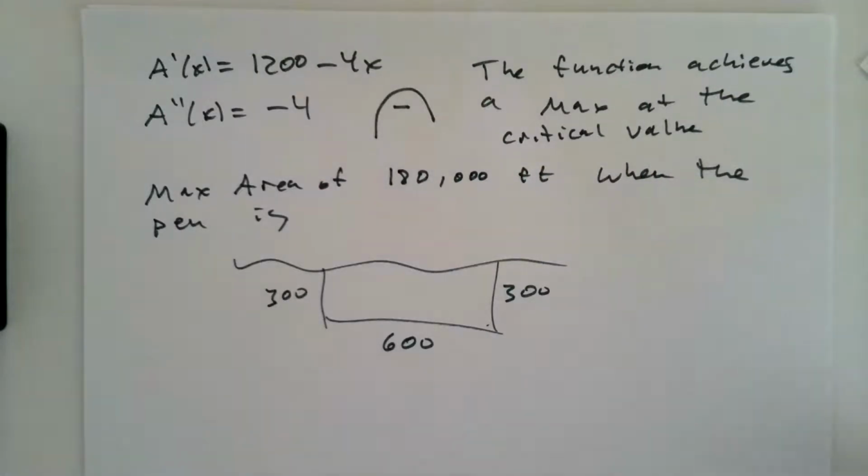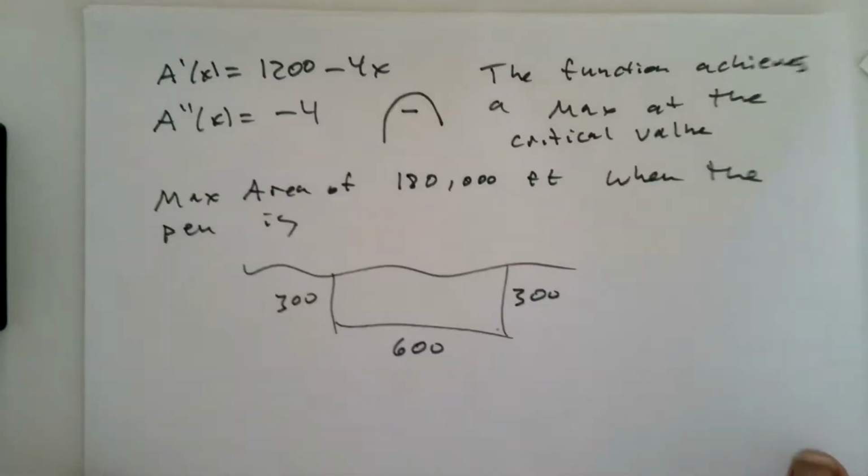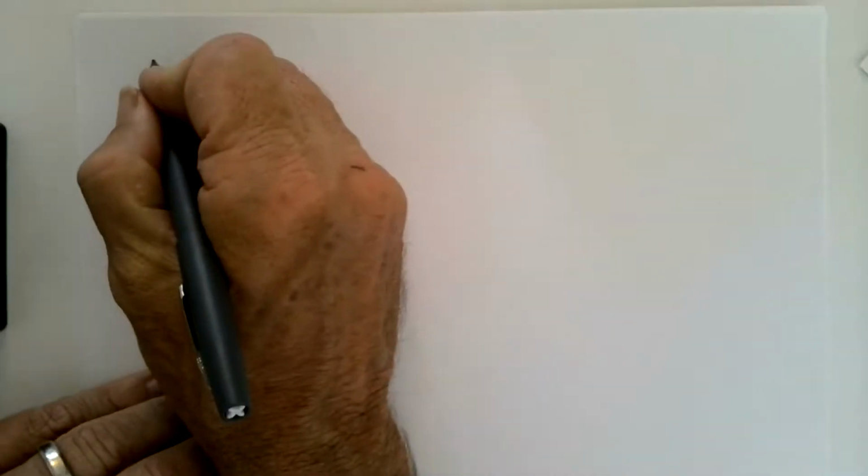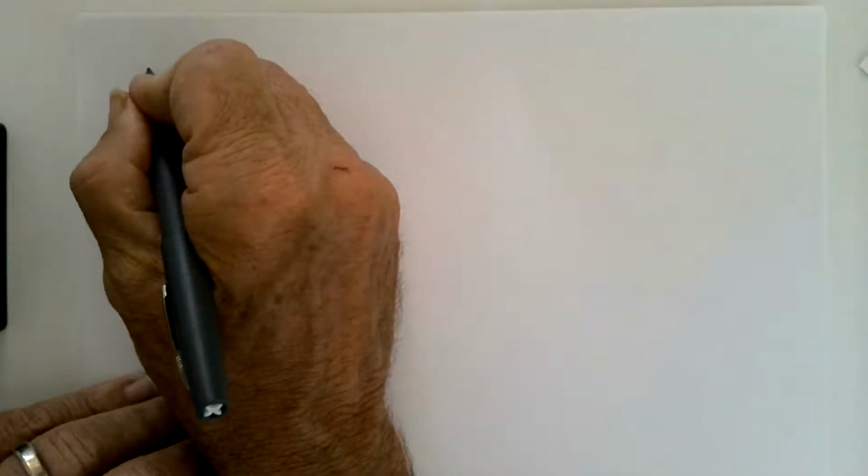All right, let me go ahead and ask you folks to try another problem. So again, the pen along the river is a classic. Here is another fairly standard question that we do in calculus. So let me ask you to try this first.